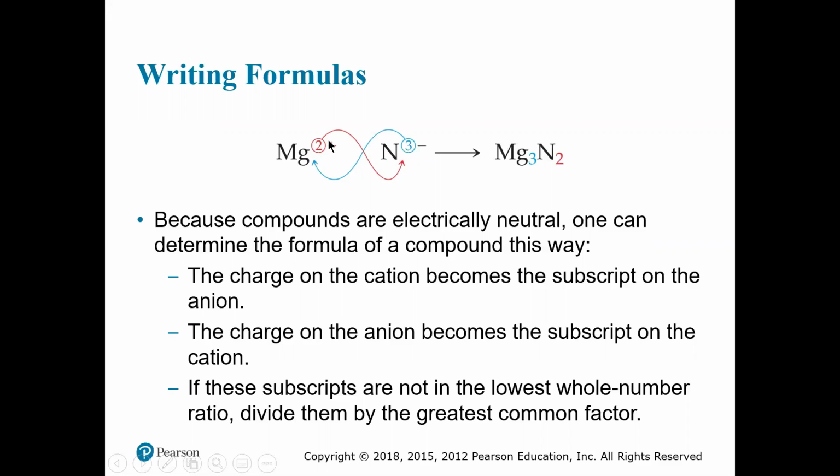We need this metal and this nonmetal to combine in a charge neutral way. The fastest way to do that is to take the charge of your metal and put it as the subscript of your nonmetal, and take the charge of your nonmetal and put it as the subscript of your metal. So we flip-flop accordingly. The charge on the cation becomes the subscript of the anion, and the charge on the anion becomes the subscript on the cation.